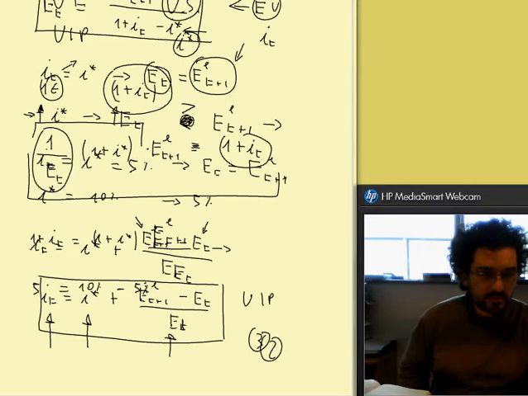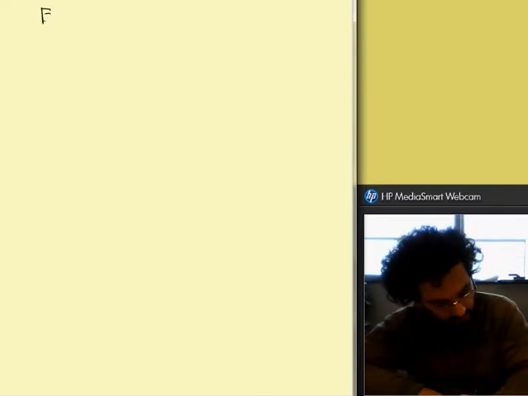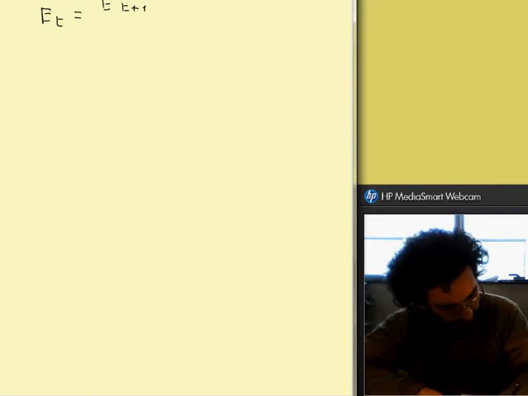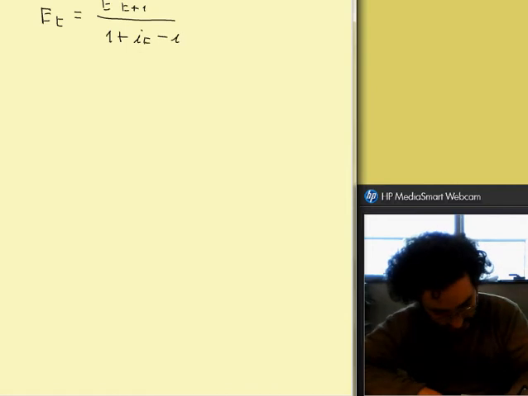Okay, we have a problem, we have to delete the breakpoint, so we write again the main equation of our model. The uncovered interest parity can be written as the current exchange rate equal to the expectation of the exchange rate for the period t plus 1 divided by 1 plus IT minus I star.